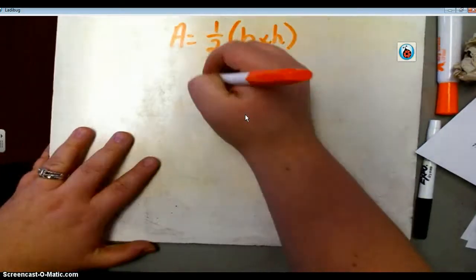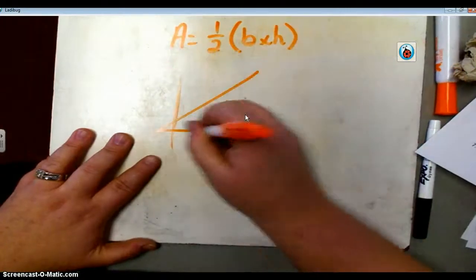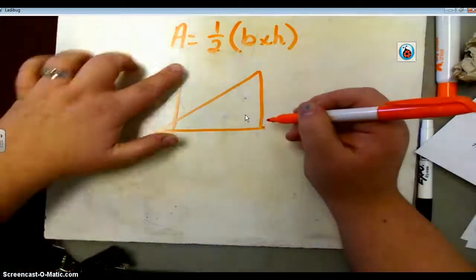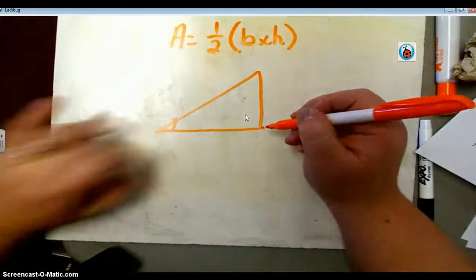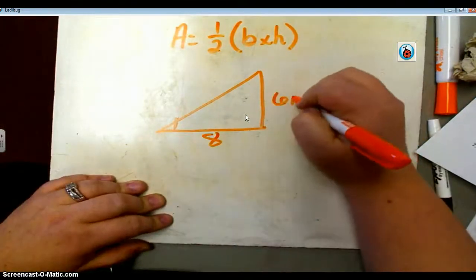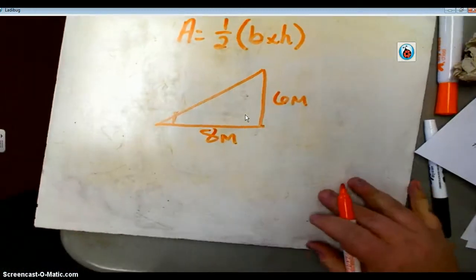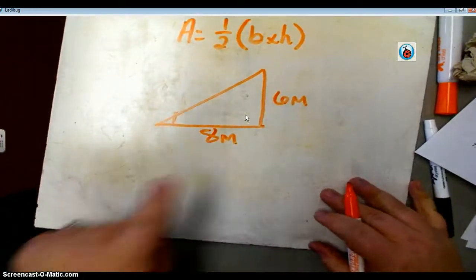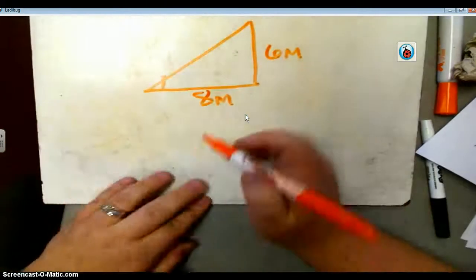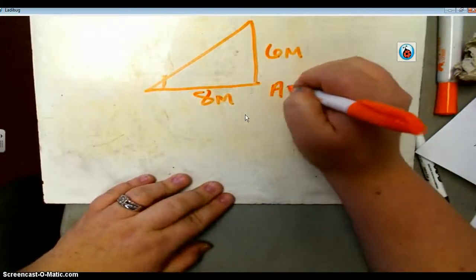Okay? And let's say my triangle looks like this. This is 8, and this is 6, and we'll say it's meters. Okay, watch closely, and then I'm going to give you one to do on your own, because I'm going to show you 2 different ways to use this formula, or to think about this. So the first thing I can do is follow the formula directly, what it says.